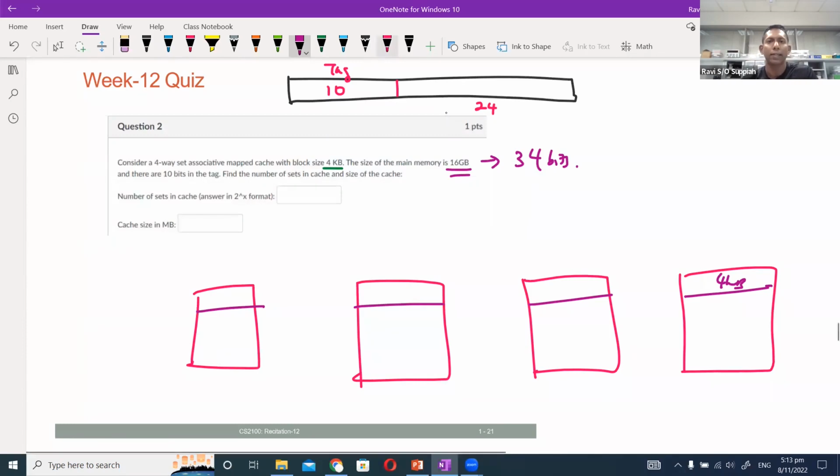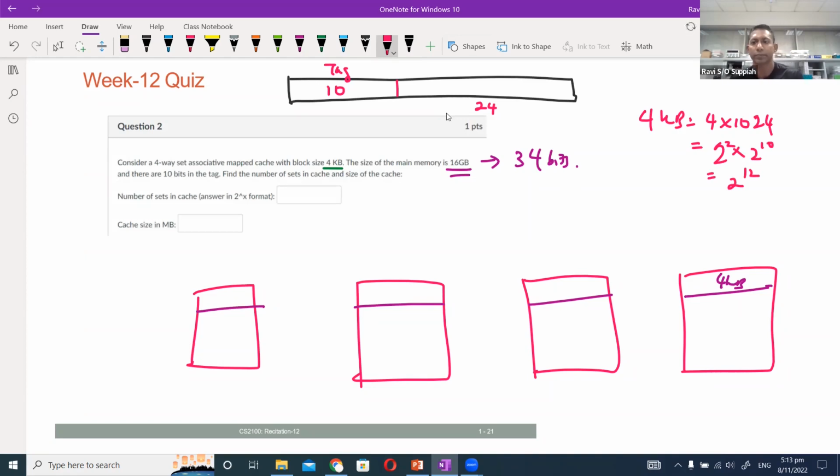Correct. So 4 kilobytes is 4 times 1024, which is 1 kilobyte, which is 2 to the power of 2 times 2 to the power of 10. So it will be 2 to the power of 12. So you need 12 bits for the offset.